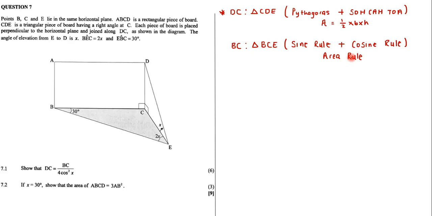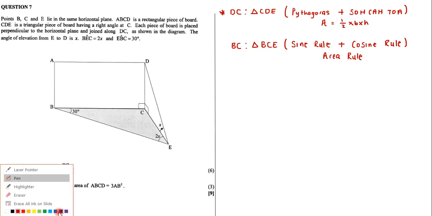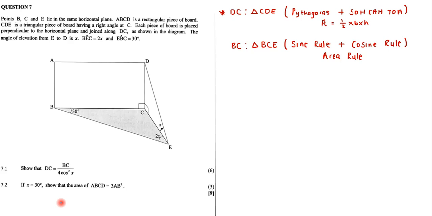Now looking at these two triangles, CDE and BCE, we are going to completely ignore this square. What we want to ask ourselves is which sides they have in common.